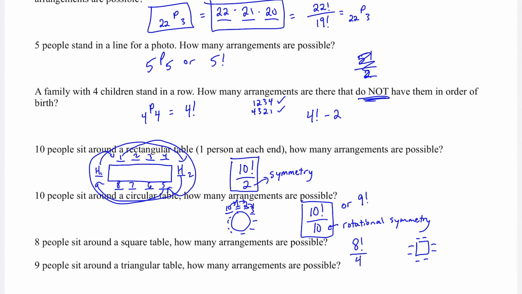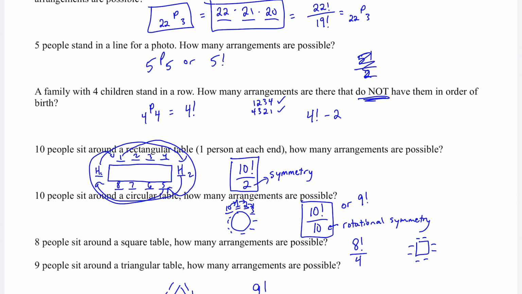There's 4 rotational symmetries. Okay, what if you have 9 people around a triangular table? You know this is a math question when we set up a triangular table. All right, how many times would you have rotational symmetry? Again, 9 factorial over 3 this time, because there's 3 times it would be rotational symmetry.